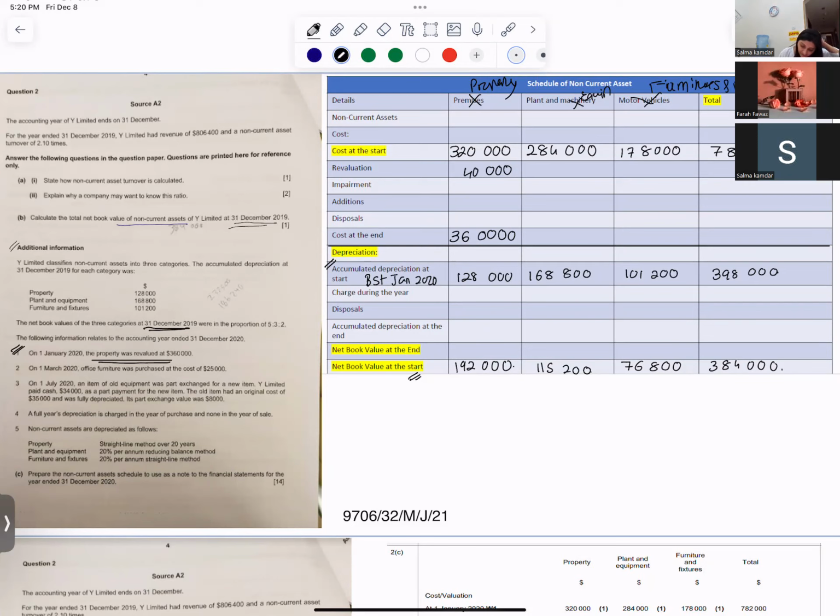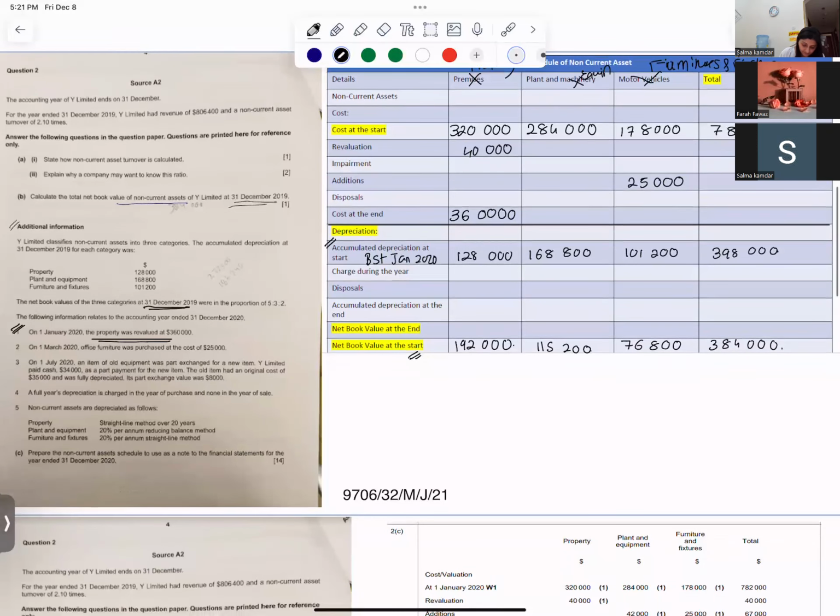On 1st March 2020, office furniture was purchased at the cost 25,000. So furniture was purchased, additions was 25,000. Go ahead. On 1st July 2020, an item of old equipment was part exchanged for a new item.